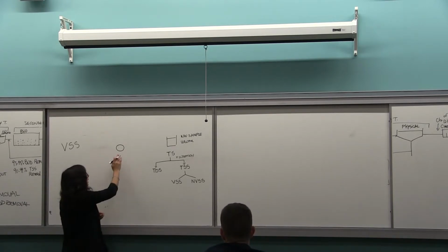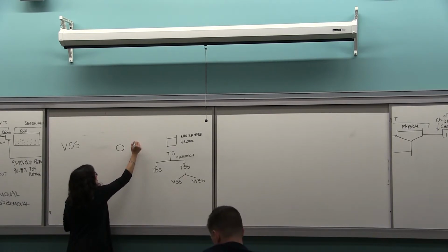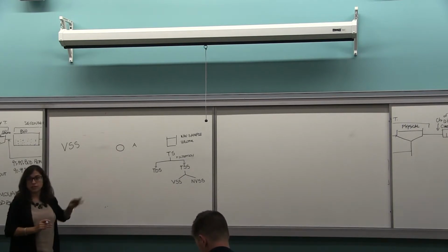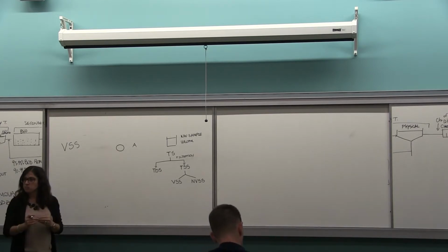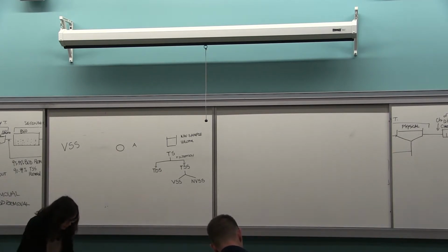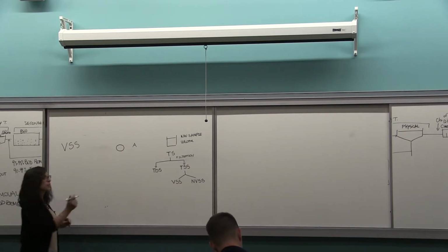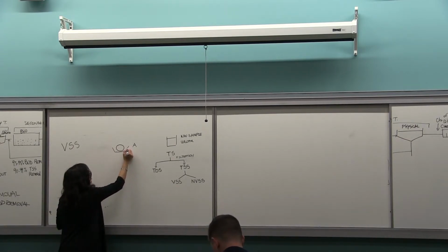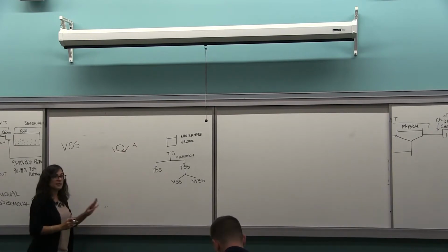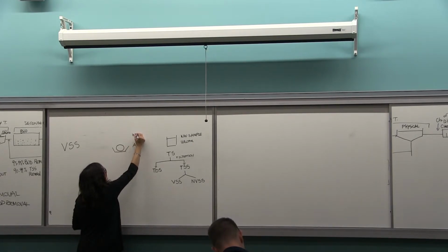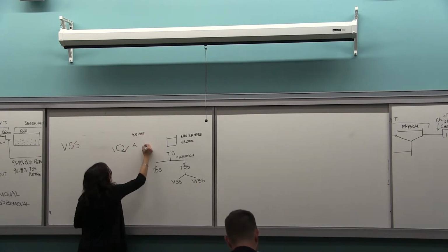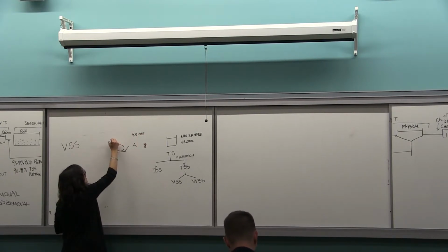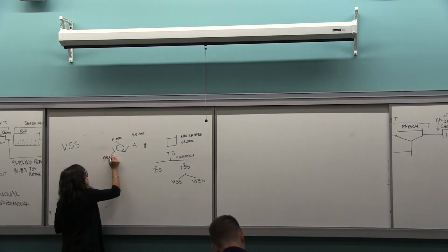I'm going to call A the weight of the filter itself. Usually we put the filter in a little crucible to transport. So I'm going to call A the weight in gram of my filter and crucible.